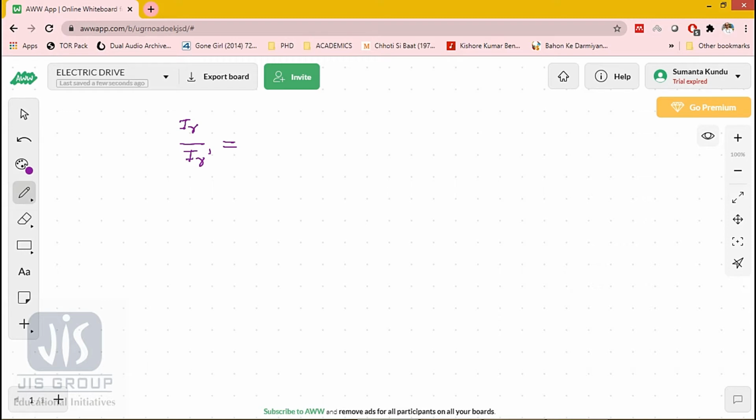The ratio is 1:n, so it will be n by 1. So it will give me IR equals n IR dash. And what is my IR dash?